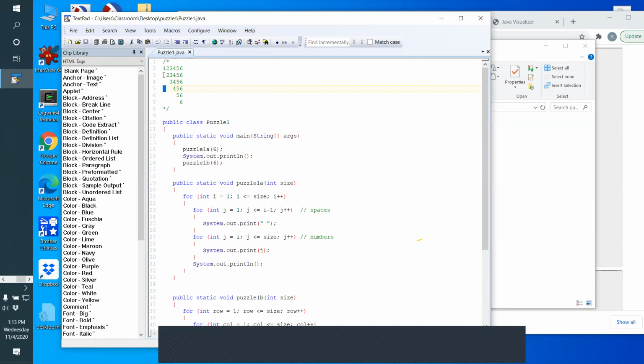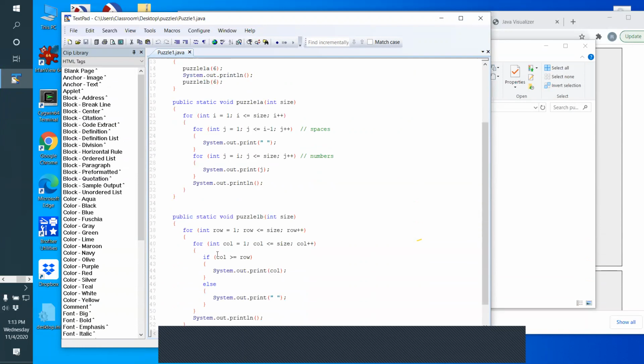Oh, I'm sorry. This is where the spaces are where the row number is larger than the column number. See, the row number is 1, 2, 3, 4, but the column number is 1, 2. I'm in the second column. So now I'm in row 4, column 2. Here I'm in row 1, 2, 3, 4, 5, column 1, 2, 3. The row number is larger than the column number.